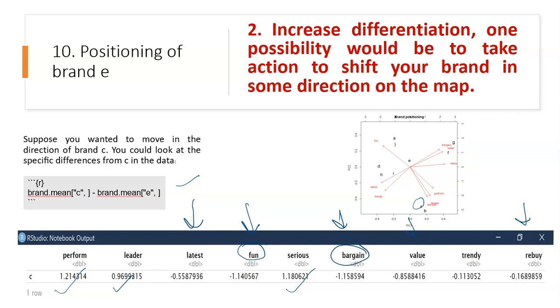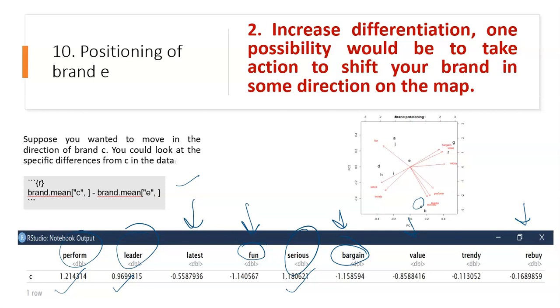So basically if E wants to shift to the position that is currently occupied by C and wants to position itself as a market leader, or the brand that is currently occupied by brand C, then E needs to strengthen some messages, like performance and leadership and seriousness.